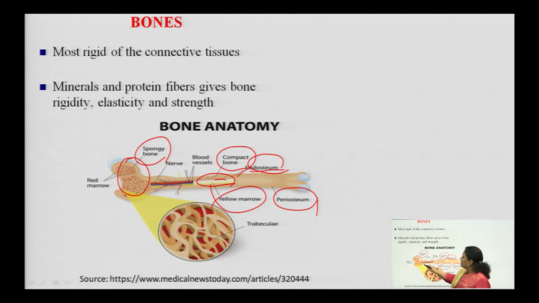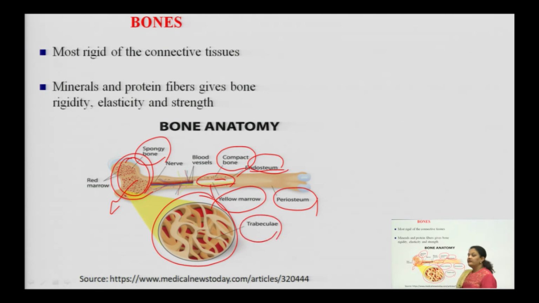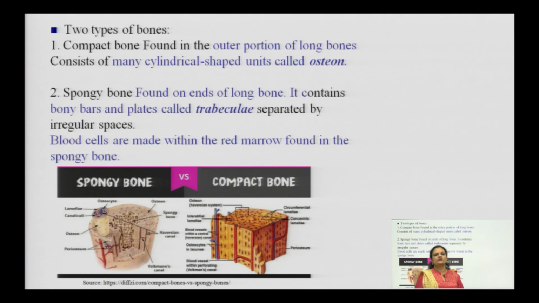Now, coming to this spongy bone which forms the RBCs, this is the enlarged picture of the spongy bone, which is composed of trabeculae meshwork. These are fibrous collagenous tissues forming a sieve-like meshwork, which is nothing but the trabeculae meshwork.